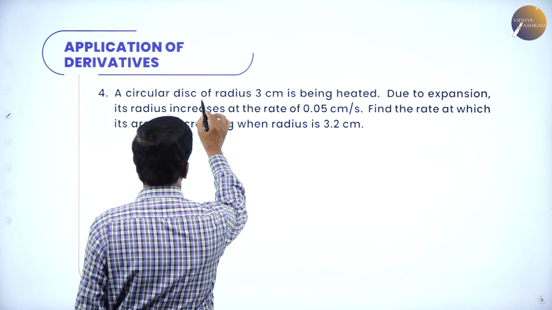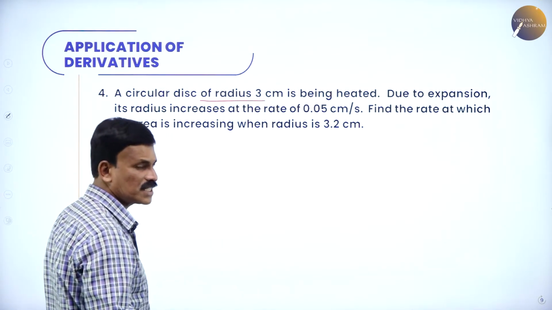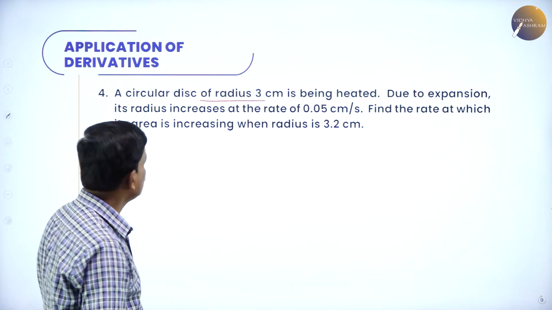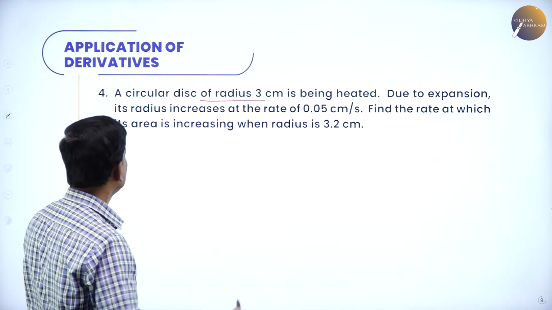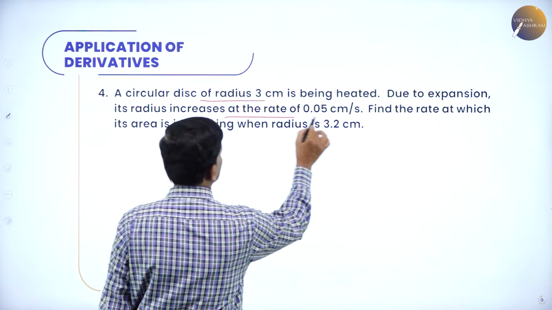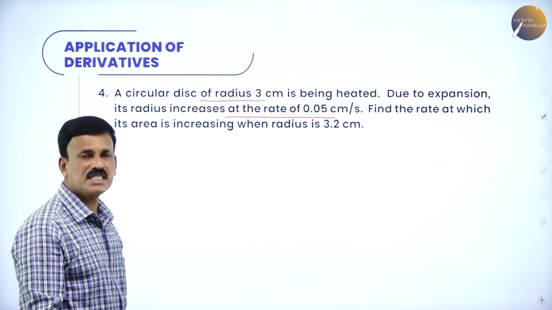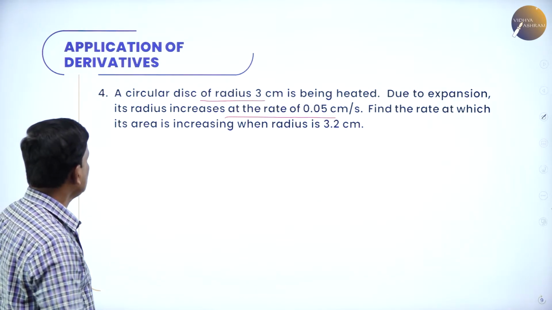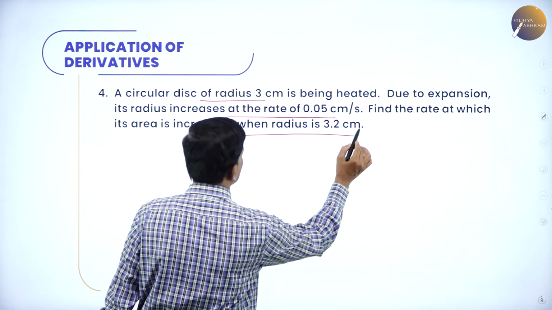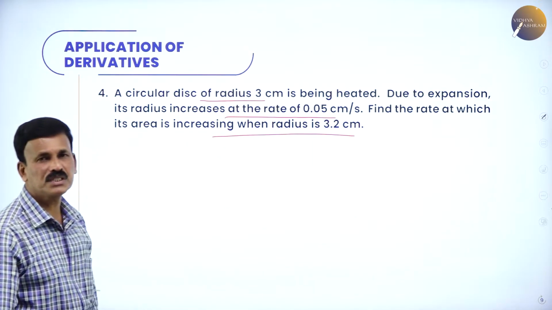The radius is 3 centimeters, being heated, and due to expansion the radius is increasing; the rate of change of radius is given as 0.05 centimeters per second. Find the rate at which the area is increasing when its radius is equal to 3.2 centimeters.